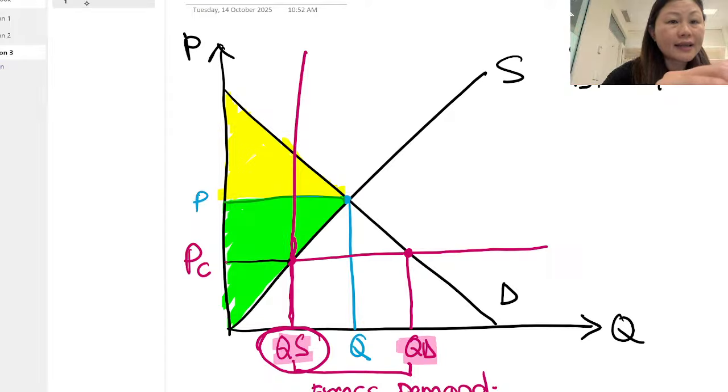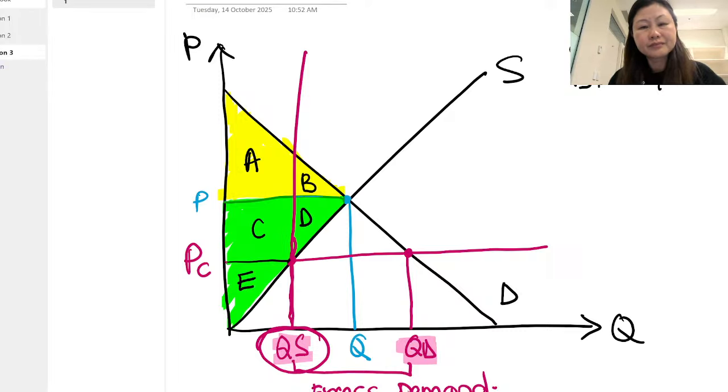I'm going to say that this box here is A, this is B, C, D, and E. Now, before the price ceiling, at price paid, our consumer surplus is A plus B. Our producer surplus before the price ceiling was C plus D plus E.